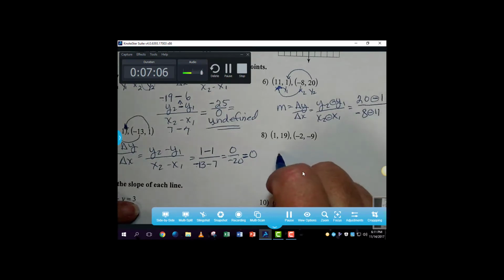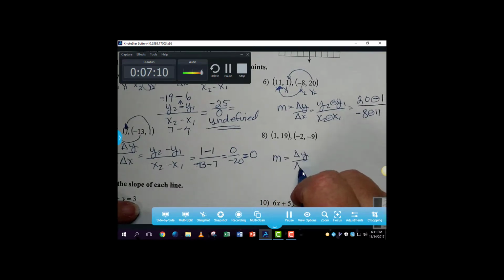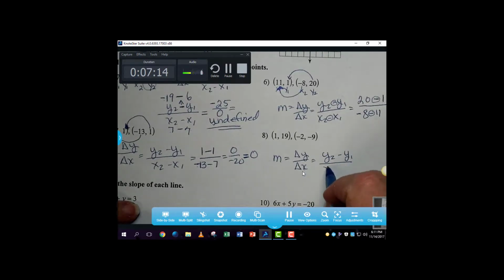Okay, and then on this one, I've got the slope equals the change in y over the change in x, which is y sub 2 minus y sub 1 divided by x sub 2 minus x sub 1. So I'm going to show you that here it does not matter. Here are my x numbers, here are my y numbers. So I'm going to subtract this way this time. Why? Just because I can.